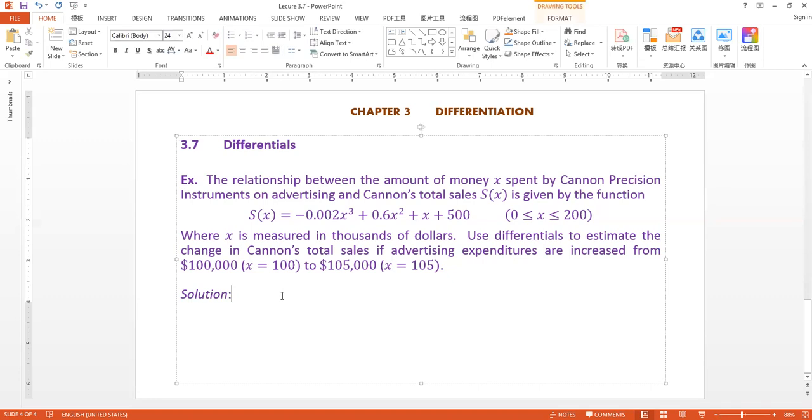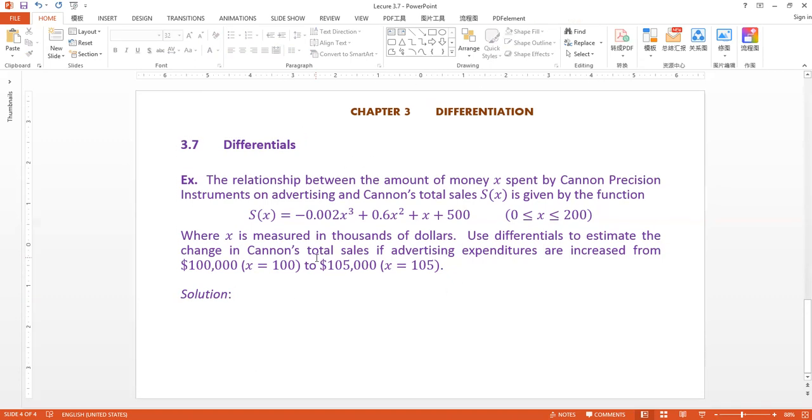So basically, if we translate the problem into mathematical language, it says, what is the change of this S when X is increased from 100 to 105? Okay, so we are trying to find the change of the function by a small change of the variable X. In this case, we can use differentials to estimate this change of S.